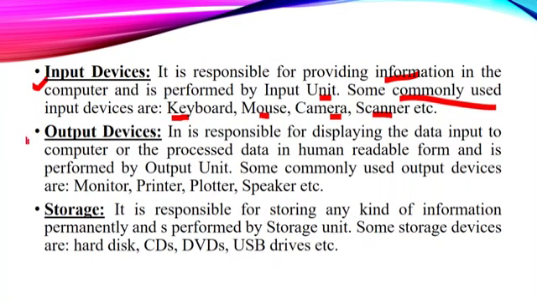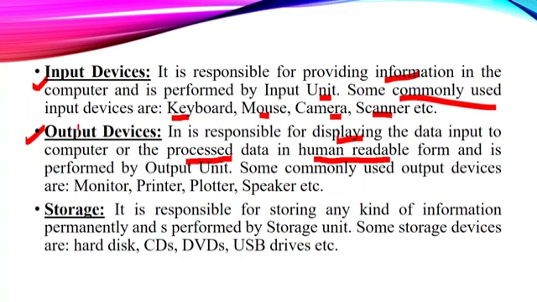Now next we have output devices. Output devices are responsible for displaying the data. These are basically responsible for displaying the data input to the computer or processed data in human readable form. Generally whenever we type anything in the computer, we are able to see that input on our computer's display. Or when we process something, or when our computer generates any result, that result is also available to us by using these output devices.